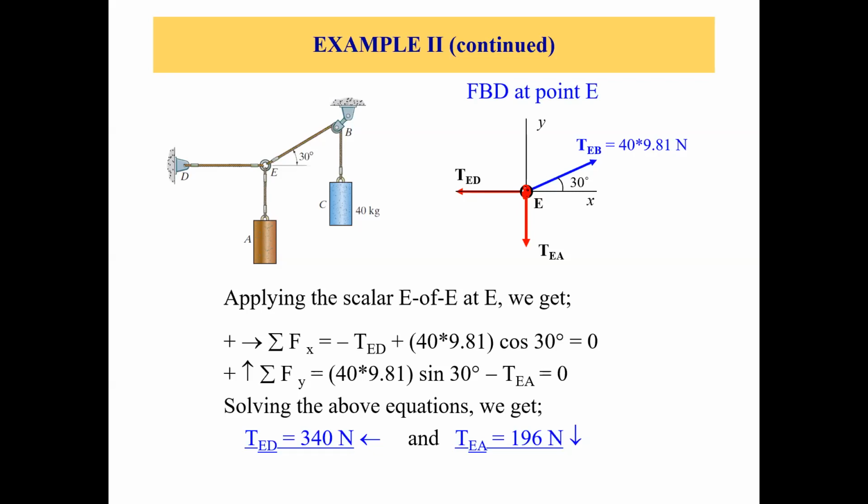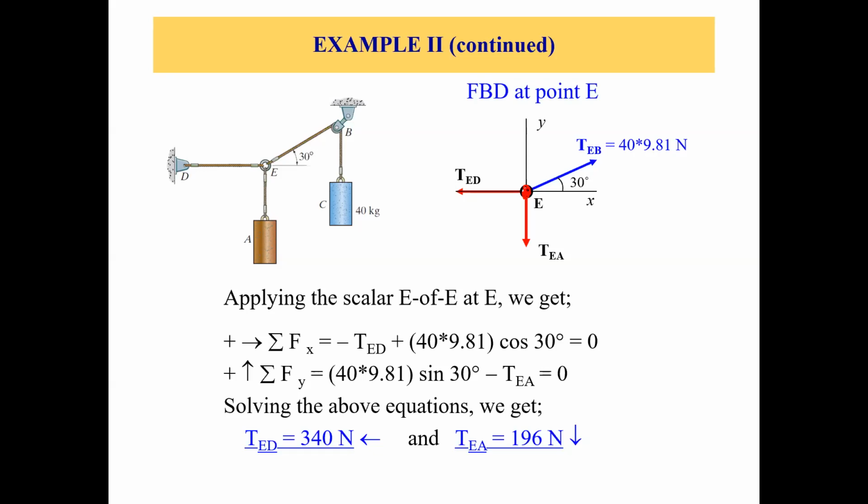So we have these three forces, but as we know there's a mass of 40 kg suspended at point C, with a pulley at point B, we already know what TEB is. TEB is equal to the weight of the cylinder, so 40 times 9.81. That is the force in the cable EB.